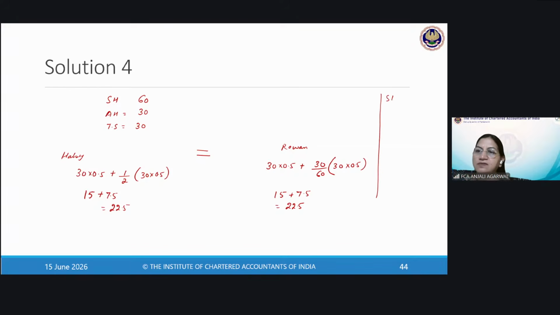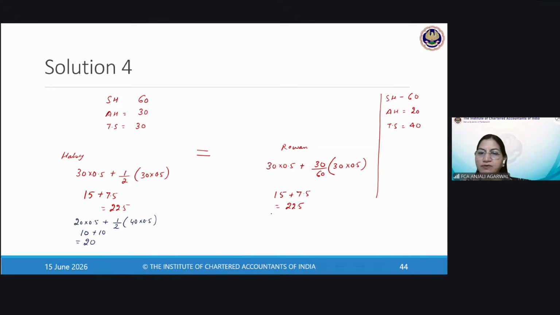Just look at the situation. If standard hours were 60, actual hours were 20, and time saved was 40. Now, Halsey would have given 20 into 0.5, that is 10, plus half of 40 into 0.5, another 10.